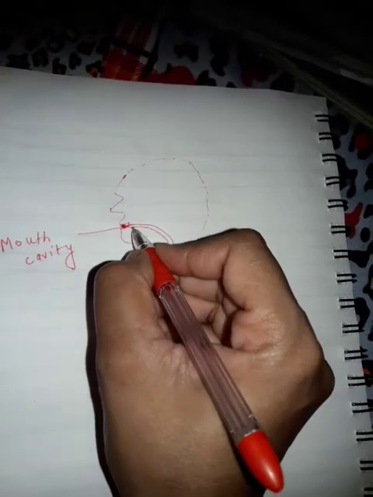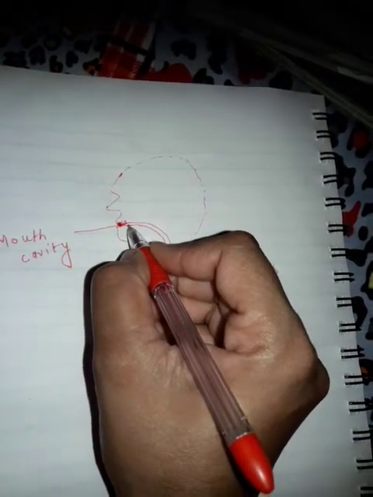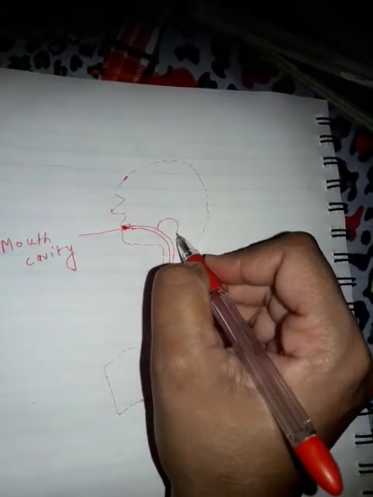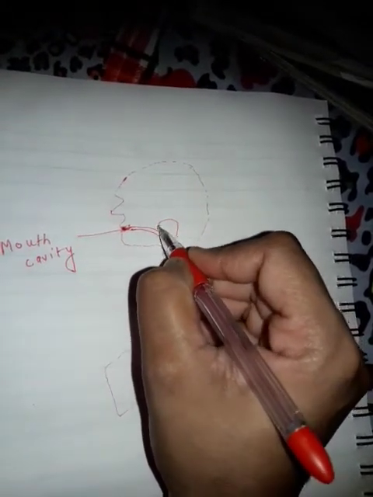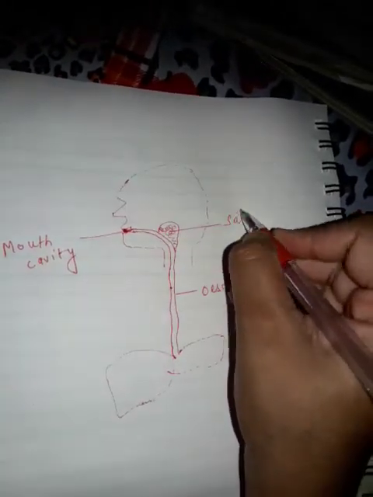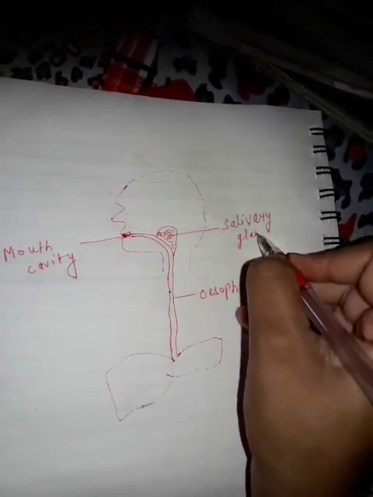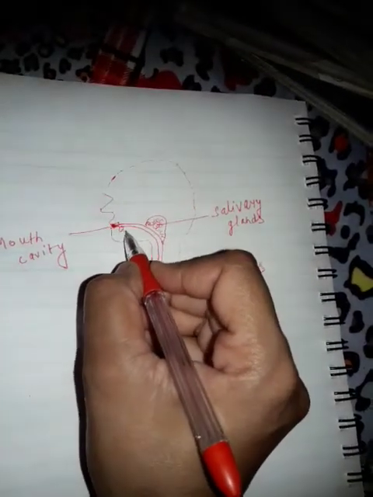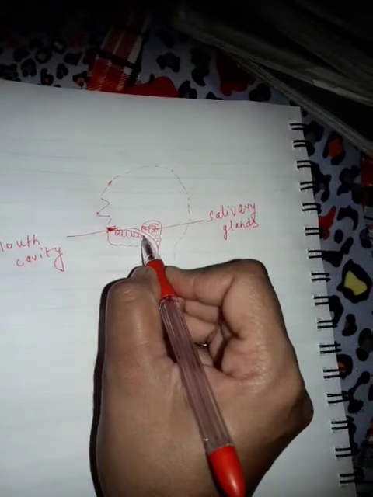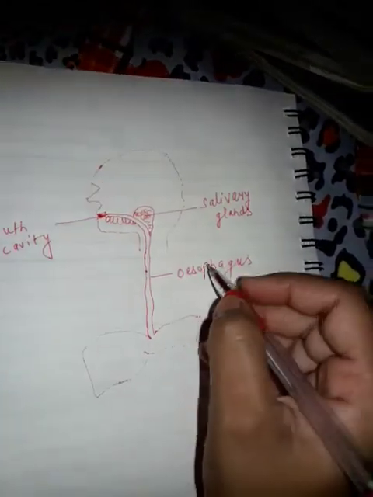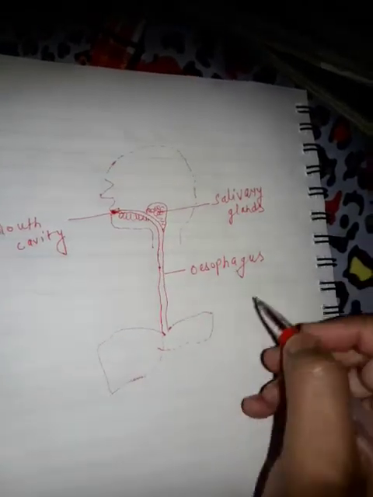And here it is the salivary glands. Salivary glands, this one. Then this is the esophagus.